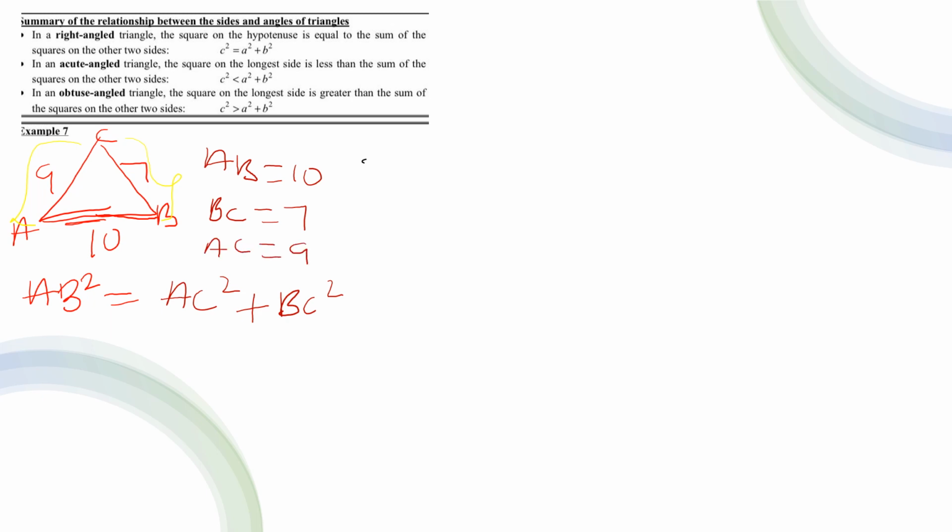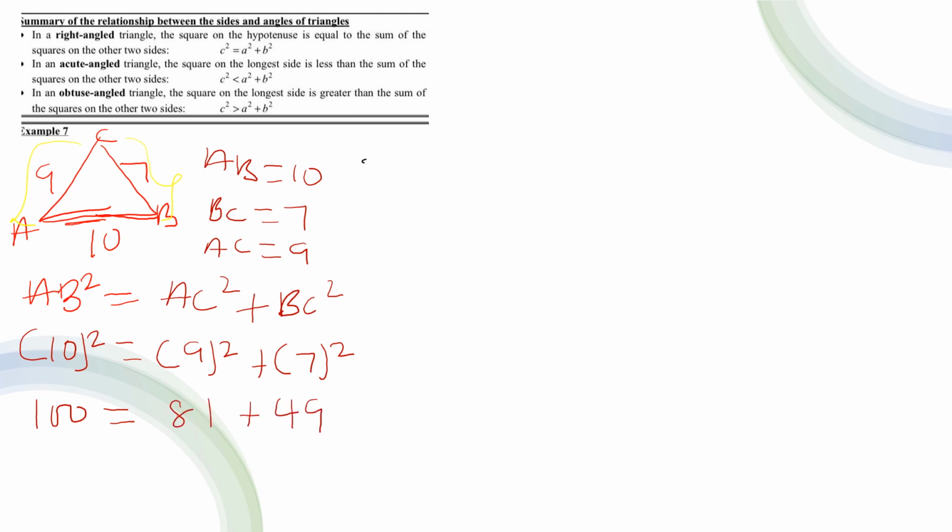So here we do substitution. I always prefer to put them in a bracket. 10 squared is equal to 9 squared plus 7 squared. Now 10 squared is 10 times 10, which is 100, is equal to 9 squared, which is 81, plus 49, which is 7 squared.